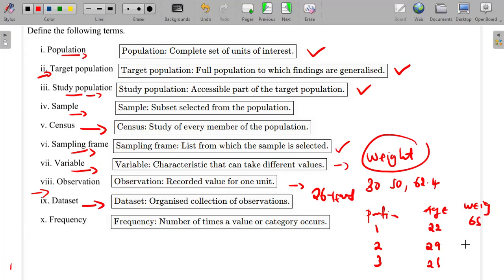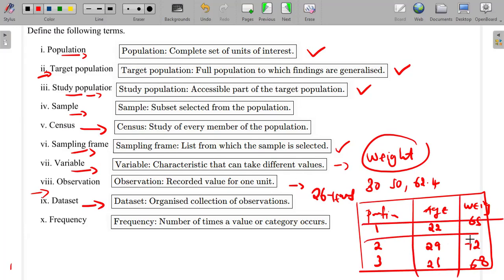I mean 65. This one is 72. This one is 68. So you can see that I've just collected some observations and I've arranged them in rows and columns because these are columns, then those are rows like that. So an organized collection of these observations that is arranged in columns and rows is what we call the data set. Okay, so for any statistical thing that you're going to do, you're going to need a data set.